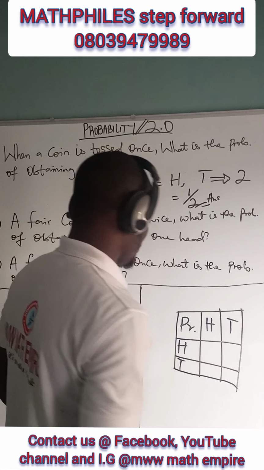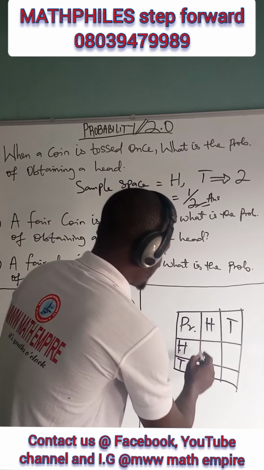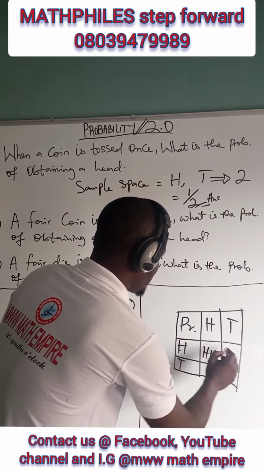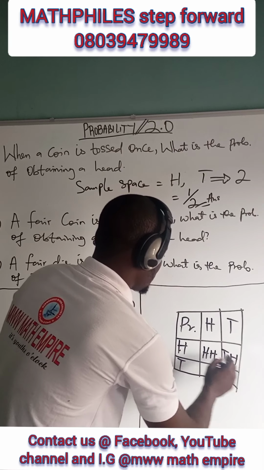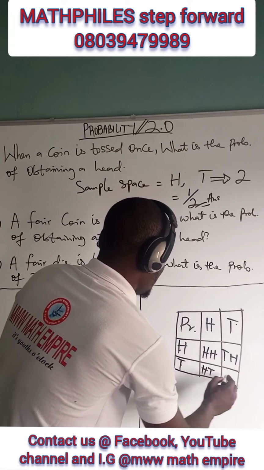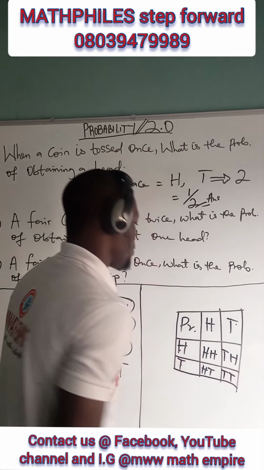Probability. So when this goes here, we have a head and a head, a tail and a head, a head and a tail, and a tail and a tail.